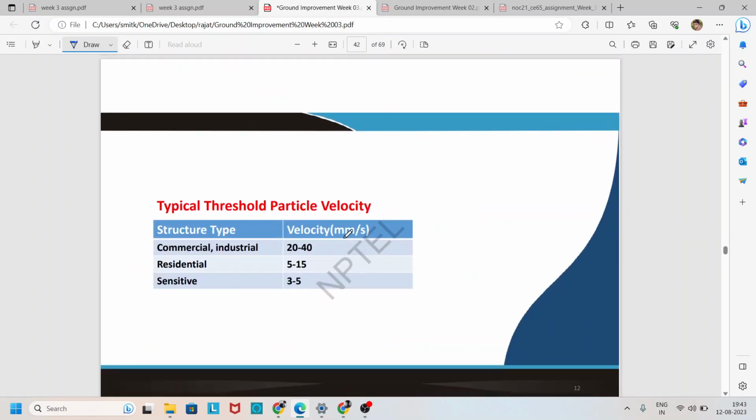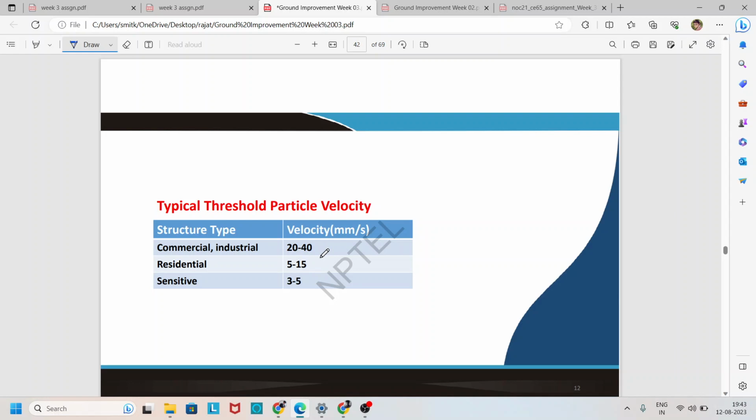Here one table is given for the threshold values of peak particle velocity. For commercial and industrial, it is between 20 to 40 mm per second, and for residential and sensitive structures it is 5 to 15 and 3 to 5.